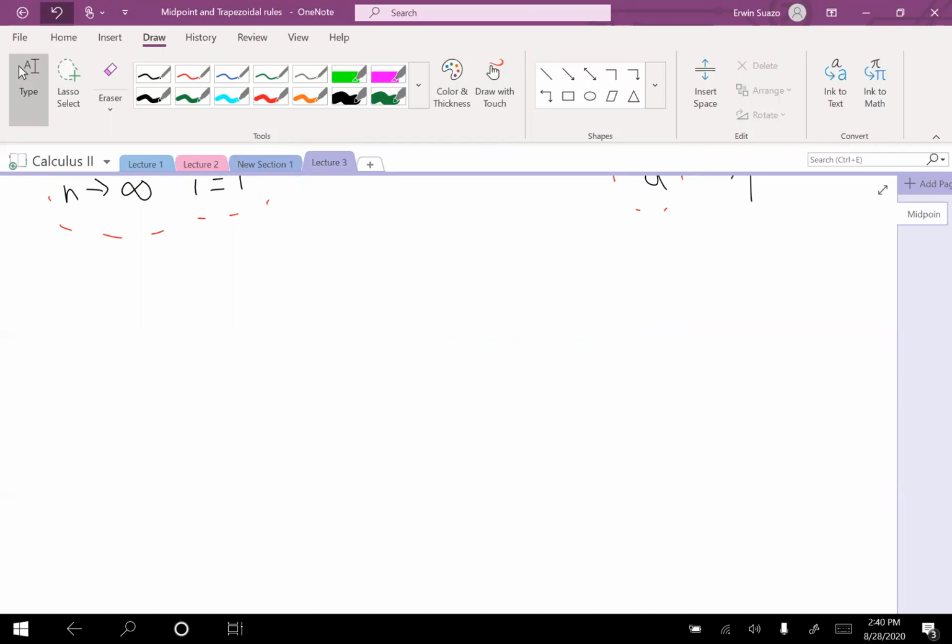So this is probably gonna be the last one. Not sure I'm gonna do Simpson's rule. Oh, Simpson's rule is also easy. Well, we'll see. So the trapezoidal rule is a formula. So trapezoidal rule, right here.